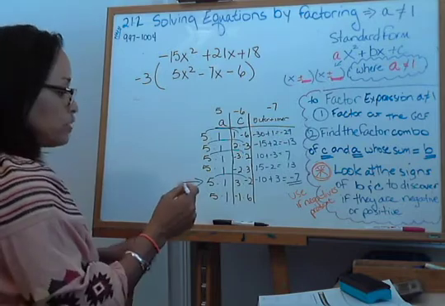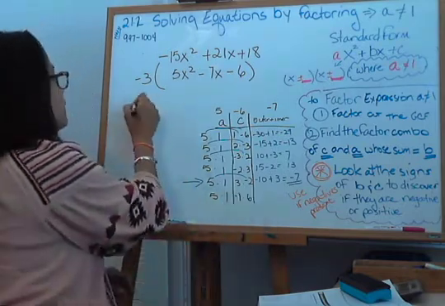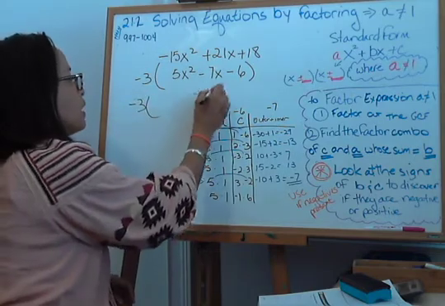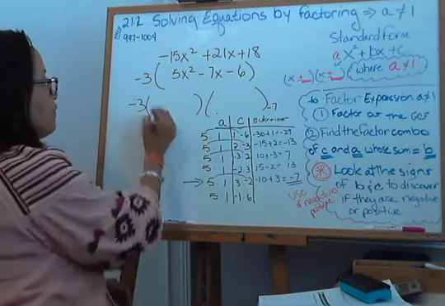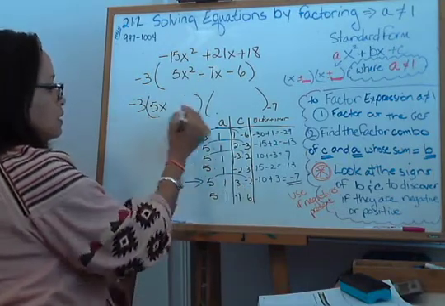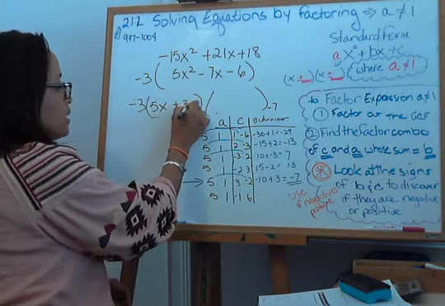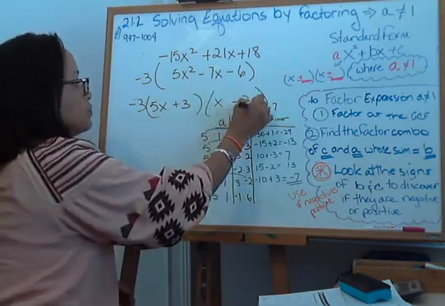There we are. This is the combination we need. So let's write this out. Negative 3, times 5x plus 3 and x minus 2.